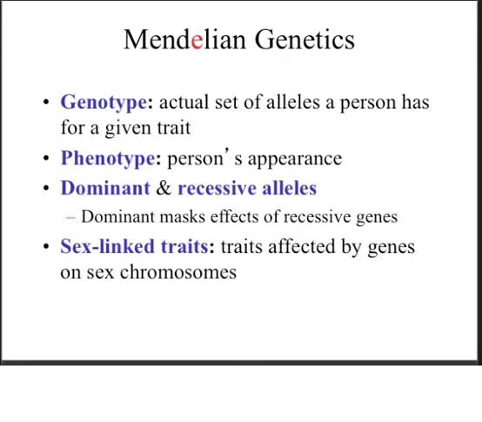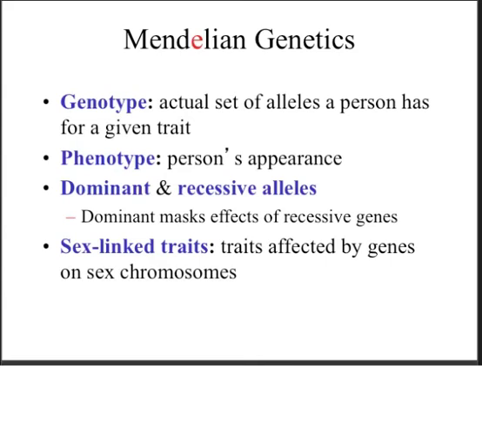Whereas for the dominant allele, you only need one copy of the gene for the characteristic to appear. Sex-linked traits simply reside on the 23rd pair of chromosomes, the sex chromosomes, and they are found primarily on the X chromosome.